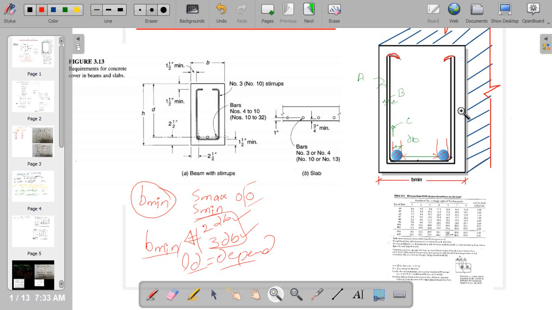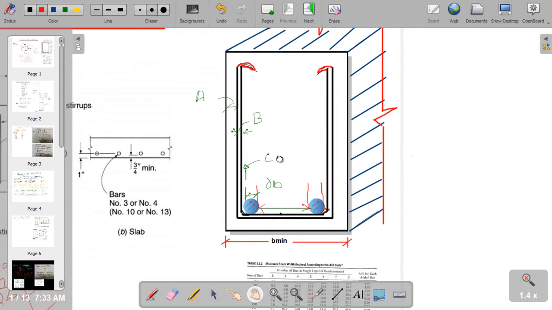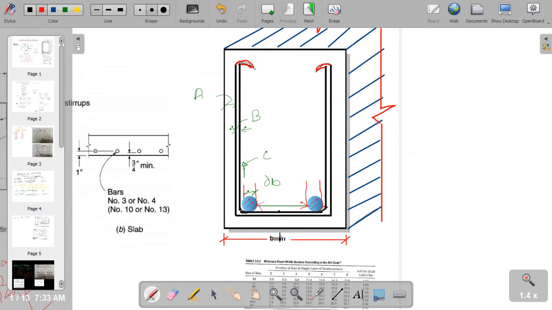What is the importance of the minimum depth? We have to maintain this minimum depth to place the bars with certain specific spacing to create the full bond strength.